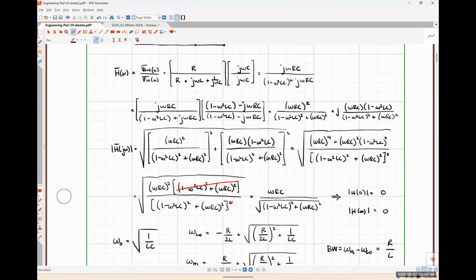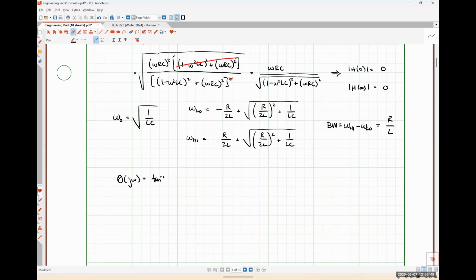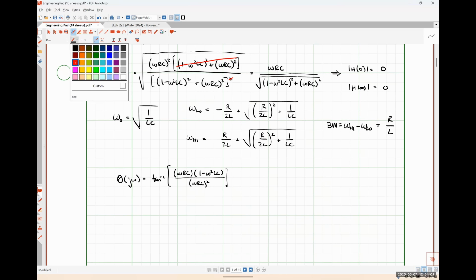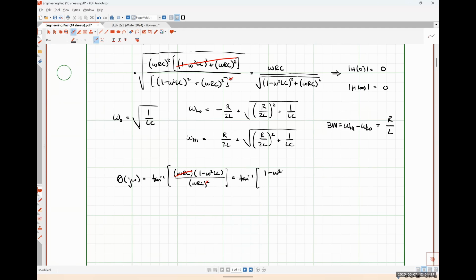So we're going to have essentially omega RC times 1 minus omega squared LC divided by omega RC quantity squared. This guy cancels out one of those powers, and we're left with the inverse tangent of 1 minus omega squared LC divided by omega RC. Okay.